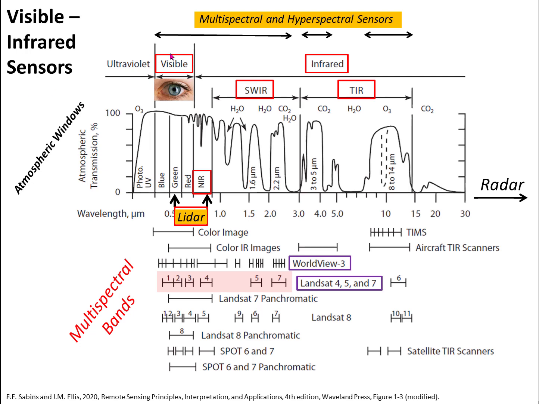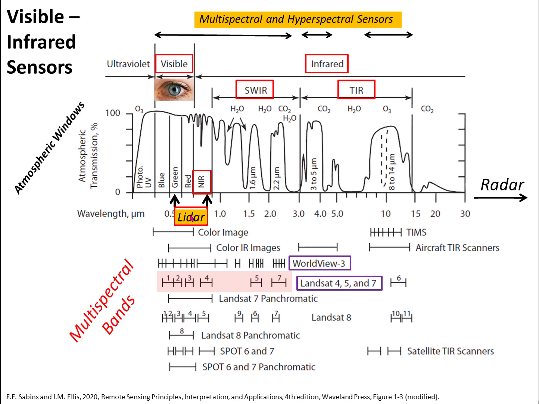As we get into longer wavelengths, you start to see blockages of light coming through the atmosphere caused by molecules in the atmosphere, and we have atmospheric windows like at 1.6 and around 2.2, 3 to 5 micrometers. These are the only places that we can build sensors to detect the light.